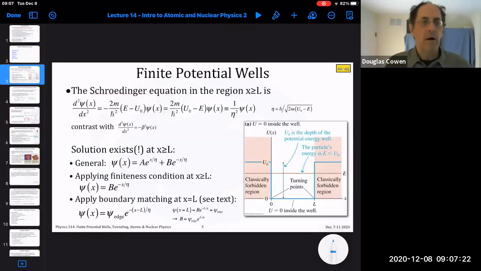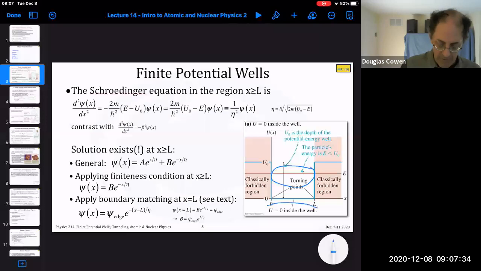So last time we were talking about finite potential wells, which I remind you is a physical system where a particle lives inside of a region where the potential energy is 0, and outside that region, to the left of 0 in this case, and to the right of capital L, the potential is given by U0.